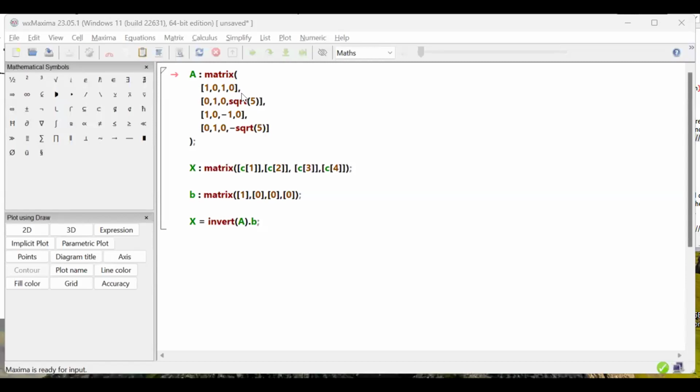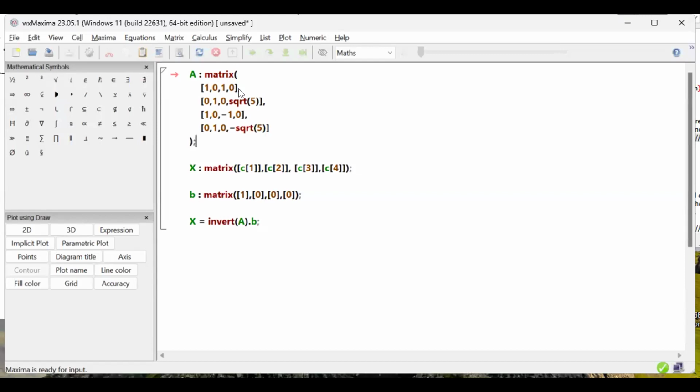Now that we're back in the computer, we see we wrote in the matrix A here. In Maxima, you write the term matrix, separate each row with brackets, and a comma separates the brackets for each row.